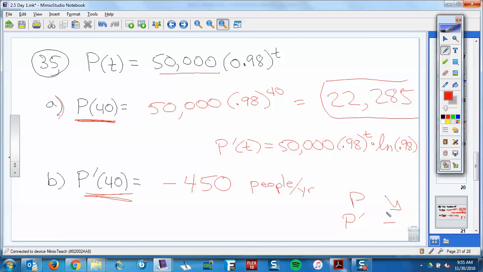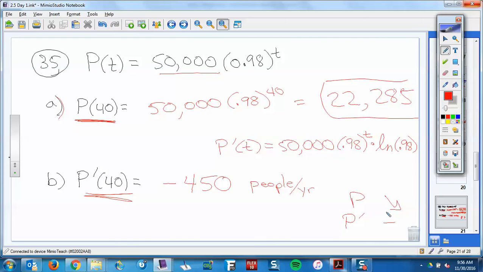P is the population. So on January 1st, 2000, the population was decreasing at a rate of 450 people per year. Okay. Sometimes that's said, on January 1st, 2000, there were 450 fewer people than there were on January 1st, 1999. That would be a similar way to say it, because you're getting the per year in there by comparing 2000 to 1999.